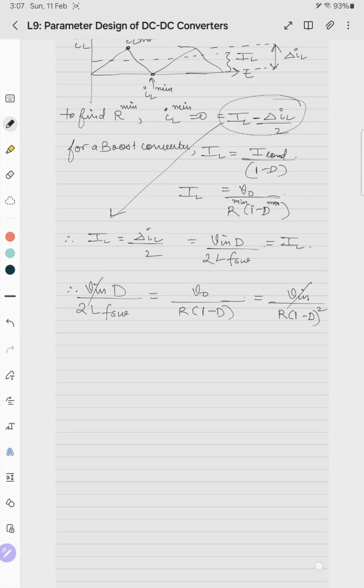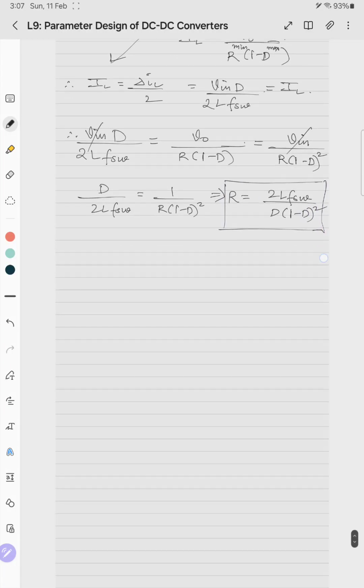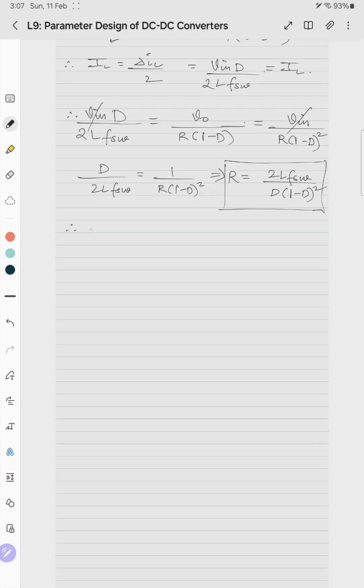If you take R on this side, D by 2L F switching equals 1 by R into 1 minus D whole square. R will be 2L F switching divided by D into 1 minus D whole square. This is the R minimum. So the inductance is fixed, the switching frequency is fixed, divided by D max into 1 minus D max whole square for a boost converter.